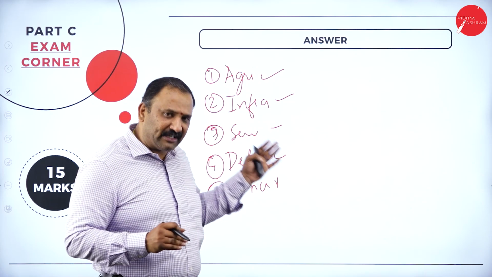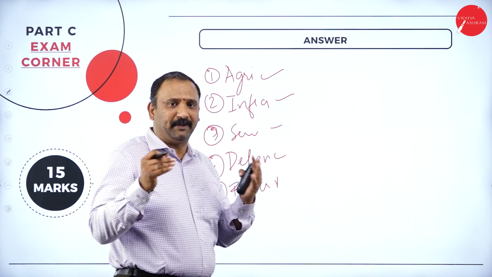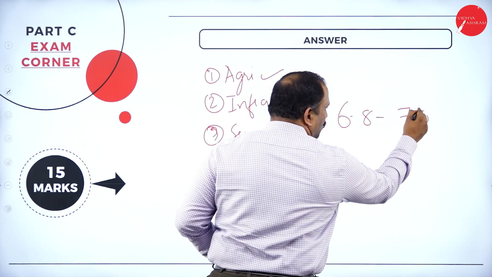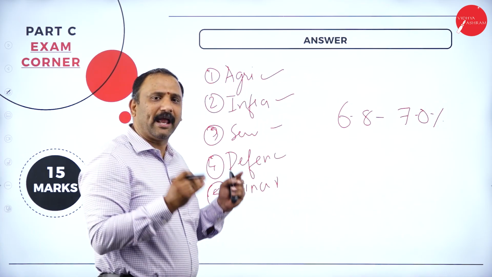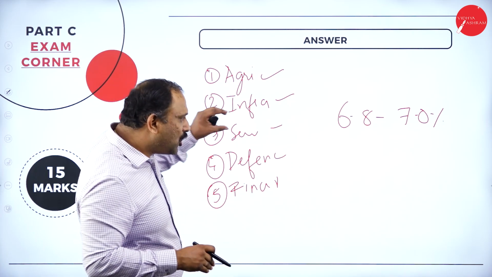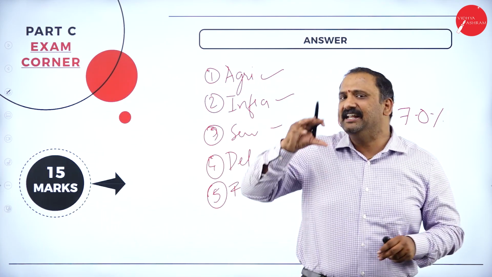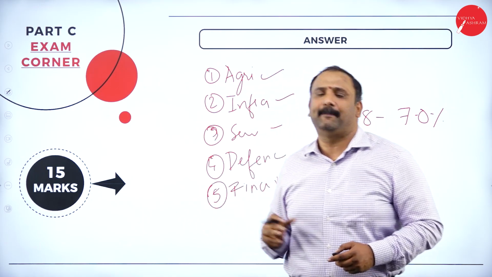Our GDP is also growing at about 6.8 to 7%. So all these factors you can put into the answer to highlight and prove very clearly that India is definitely a developing nation.